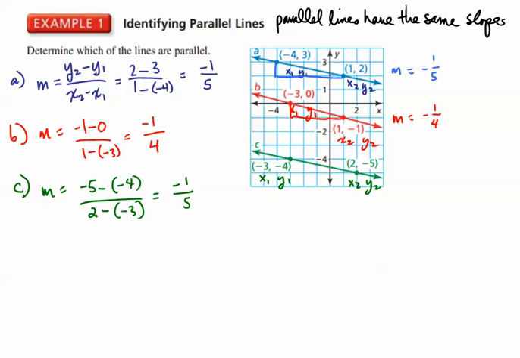We can confirm that by down 1, right 1, 2, 3, 4, 5. So we have a slope of negative 1/5, whether we use the graph or we use the formulas.